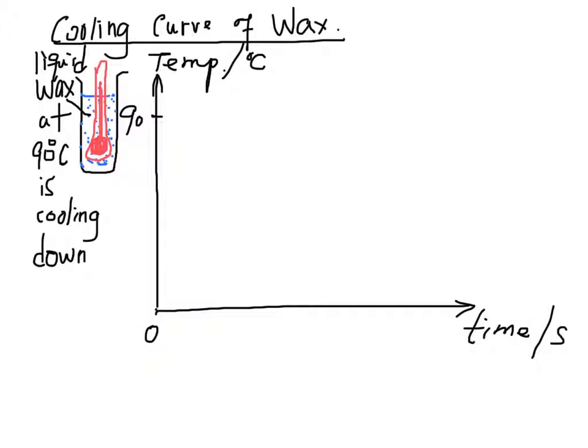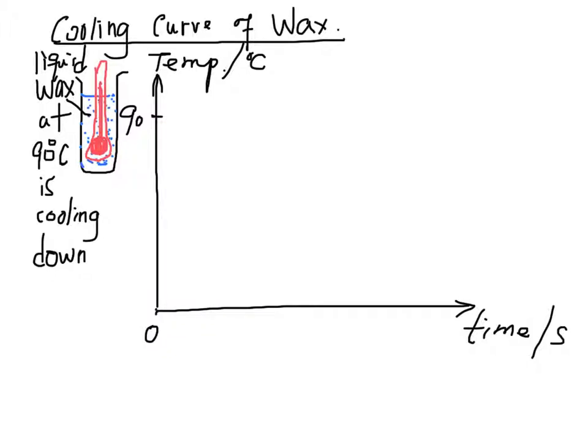Then we take out the liquid wax from the water bath and insert a thermometer into the test tube to measure the temperature. When the liquid wax is cooling down, the temperature against time graph is plotted.